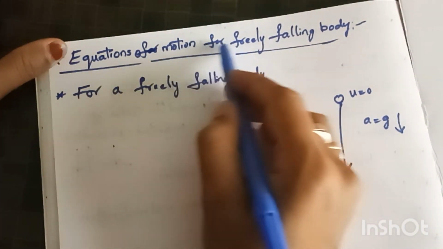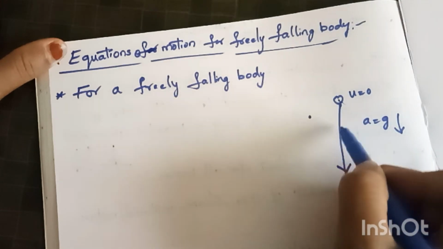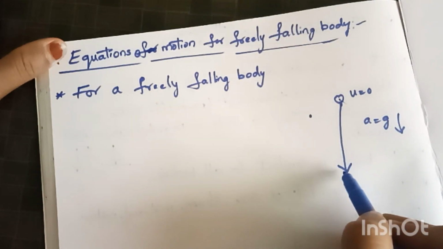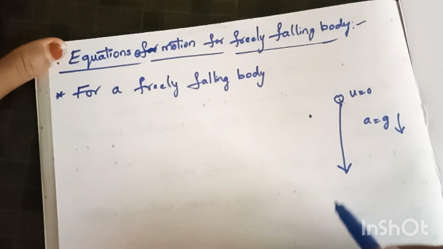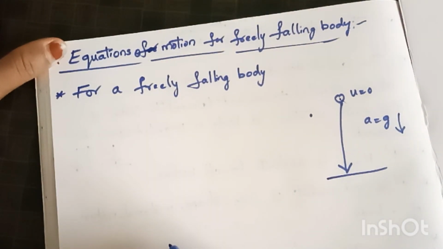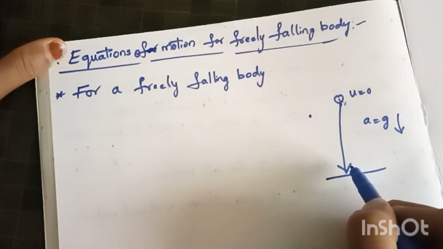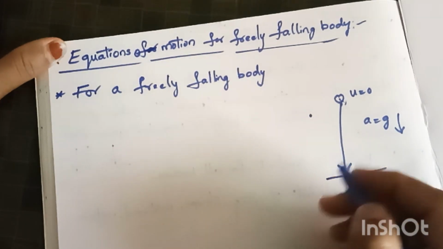So, equations of motion for freely falling body. Suppose this is an object which is falling freely towards the earth surface, towards the center of the earth. So for a freely falling body, acceleration due to gravity g is positive.